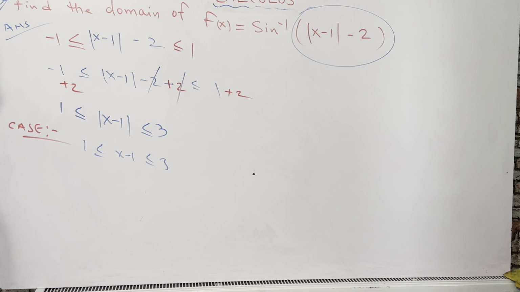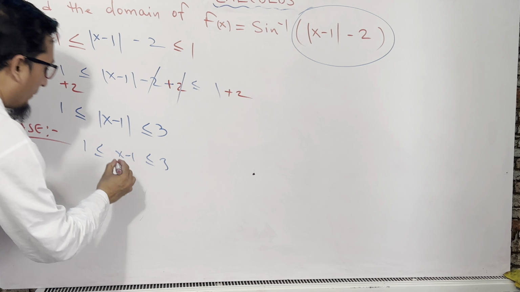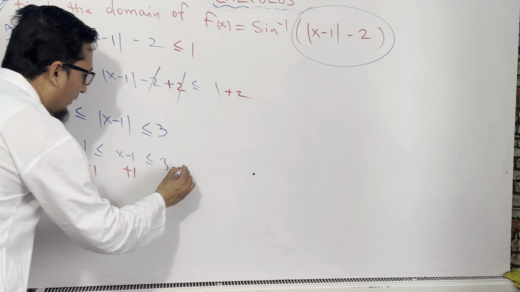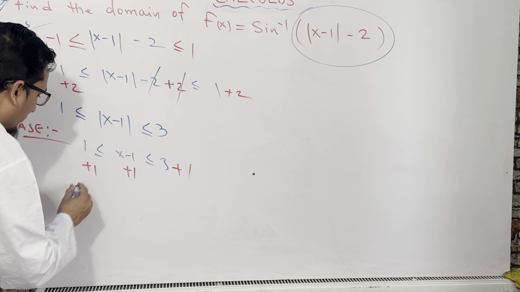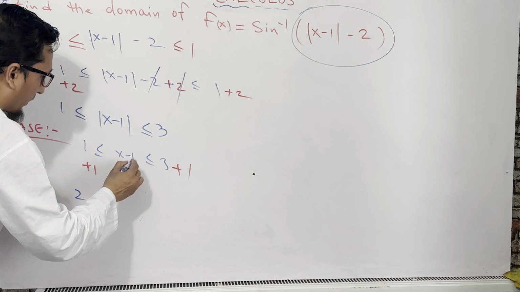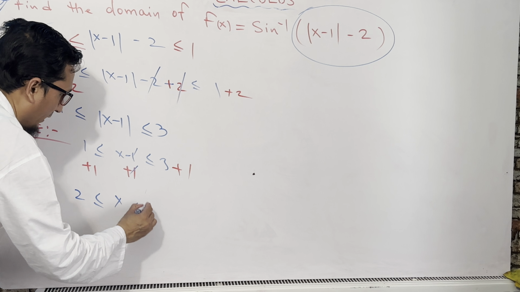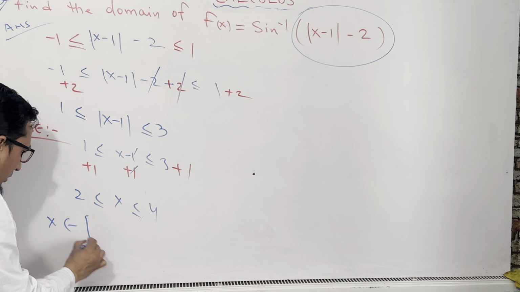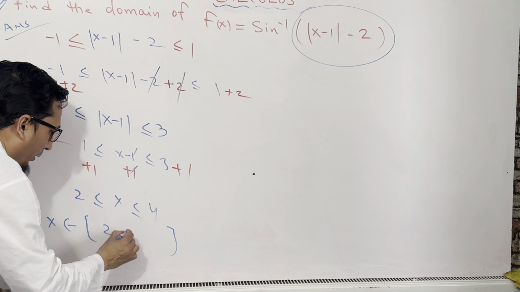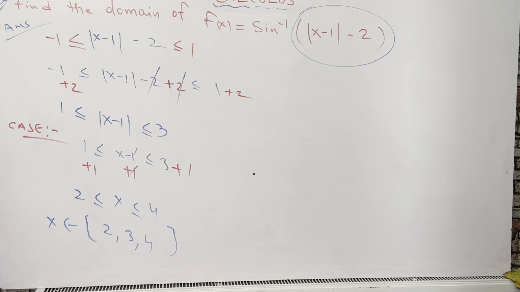Just solve this. Plus 1 on all sides. 1 plus 1 is 2, this one cancels, you have just x, and here 3 plus 1, 4. So the value of x belongs to 2, 3 and 4, right? Only 3 values of x.